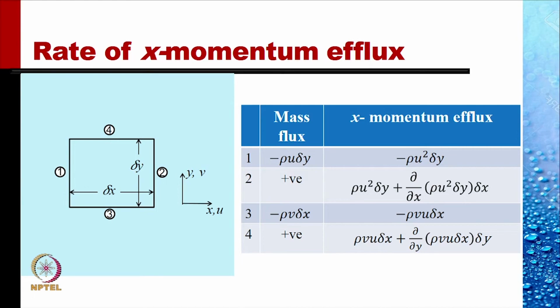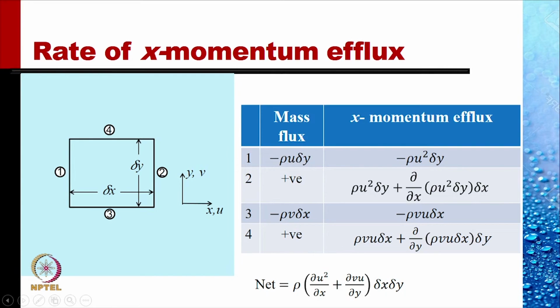So it is minus rho vu delta x. And then across surface 4, delta y distance away in the y direction, it is again obtained by the Taylor series as rho vu delta x plus del by del y of rho vu delta x into delta y.